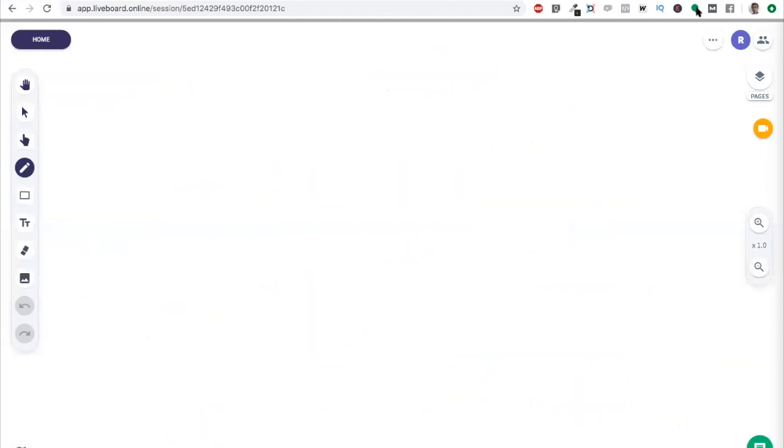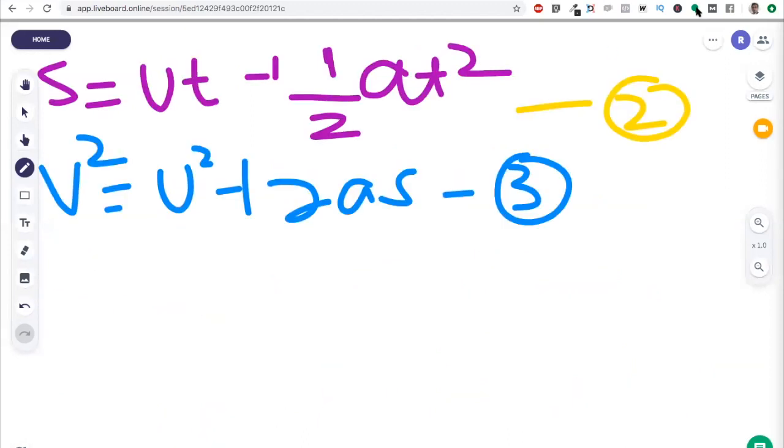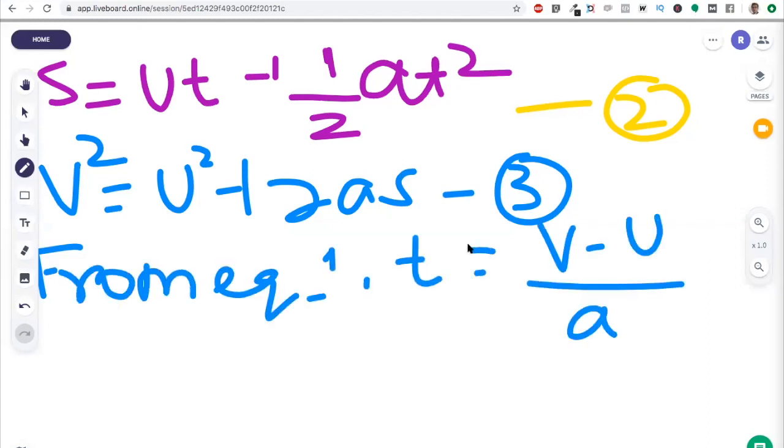From equation 1, we should get time as v minus u upon a.